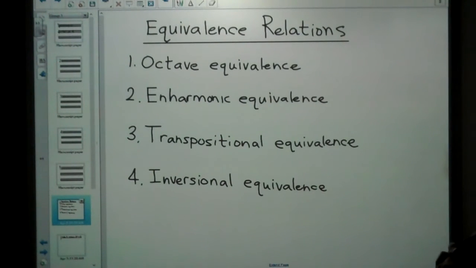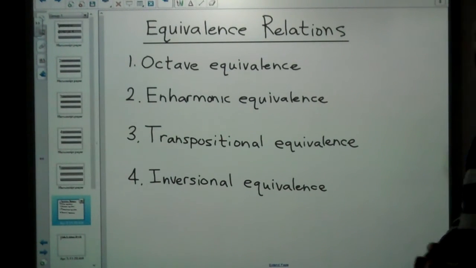Transpositional equivalence lets us say that if I play or sing the tune Happy Birthday in the key of C, for example, and then I also play or sing it in another key, such as the key of F, we can recognize that those two songs are both Happy Birthday. They are one and the same tune. So that's a little bit about transpositional equivalence.